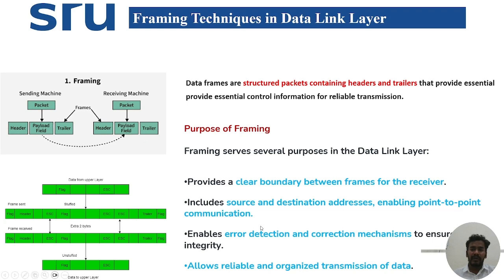It enables point-to-point communication. Then it ensures error detection and correction mechanisms to ensure data integrity. It includes destination addresses, so where the data needs to go from one to another, via the MAC addresses.